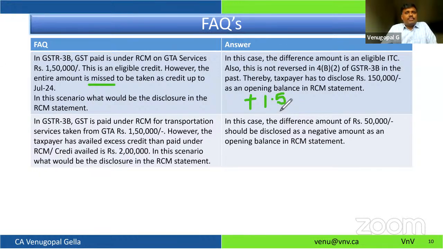On the contrary, if I have paid a liability of 1.5 lakh while I have availed 2 lakhs, I have taken extra credit. So I'll be reporting a minus 50,000.